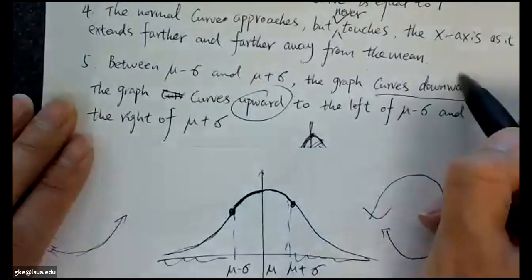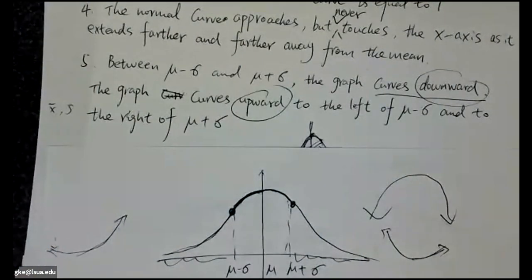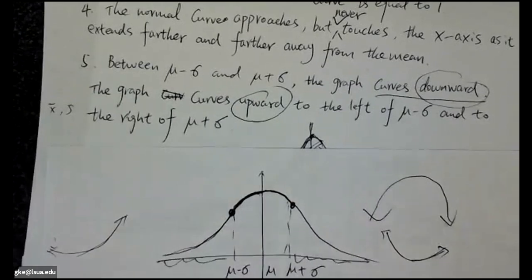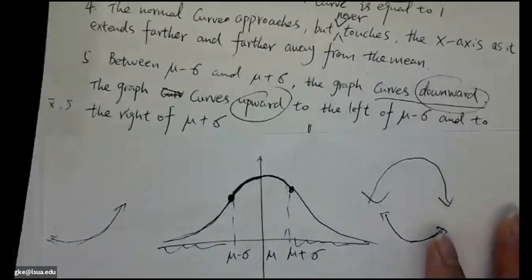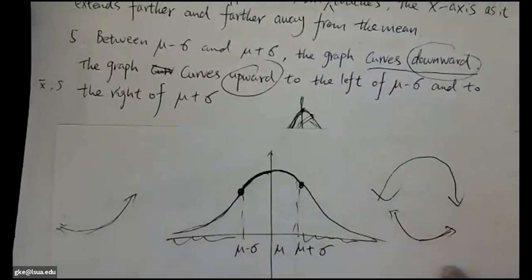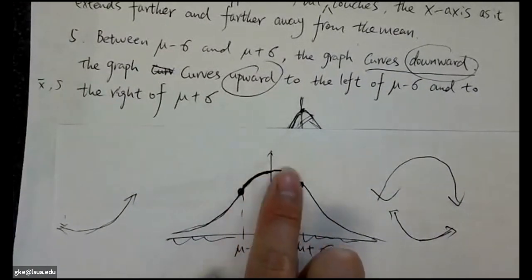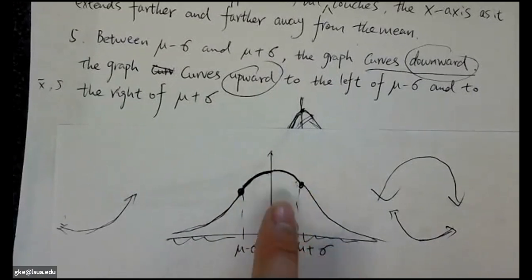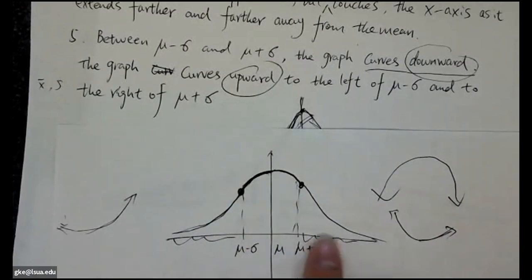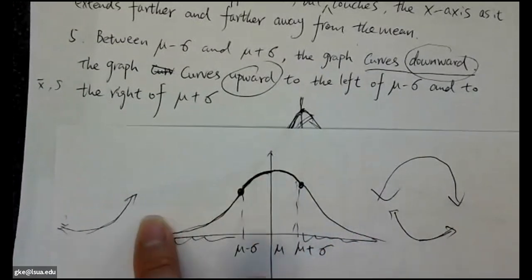One is downward, one is upward. So remember the different shapes in different ranges or domains. Between these two values, the curve is curved downward. And at the left side of this value and at the right hand side of this value, the curve is upward.